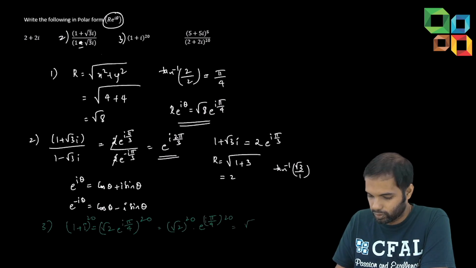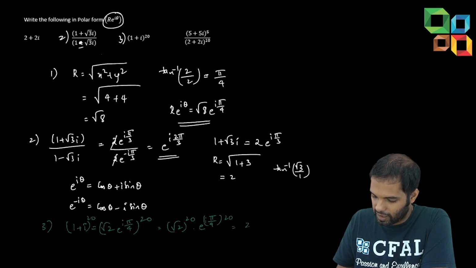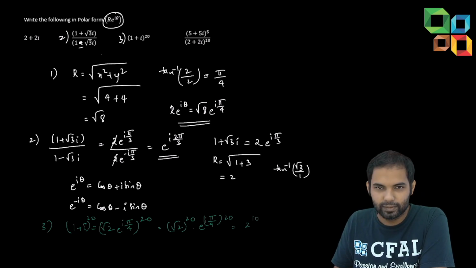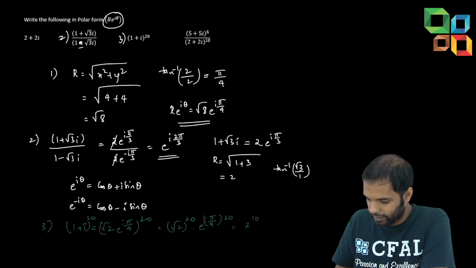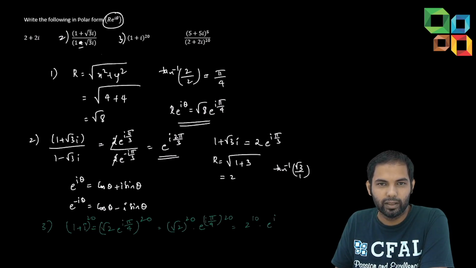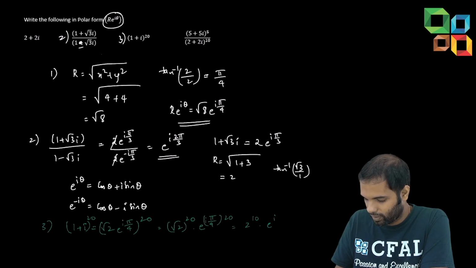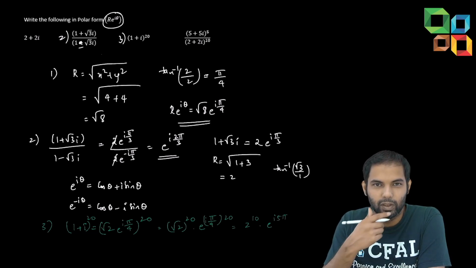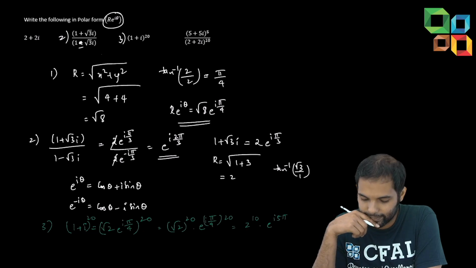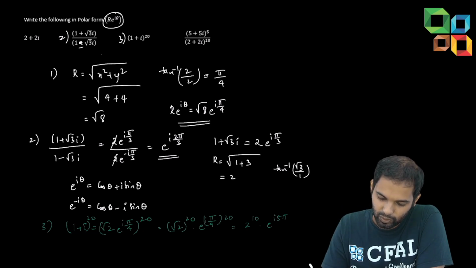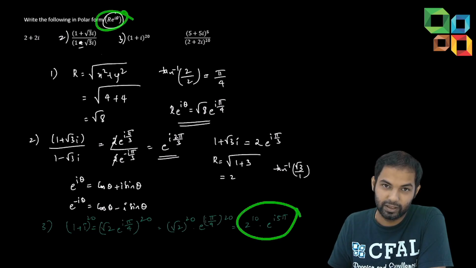Root 2 is nothing but 2 power half, right? So it is 2 power 10, into e power i pi by 4 into 20, so it is 5 pi. If you want, you can simplify and see what you get. But we are asked only to write in the polar form, right? So this would be your answer in the polar form.